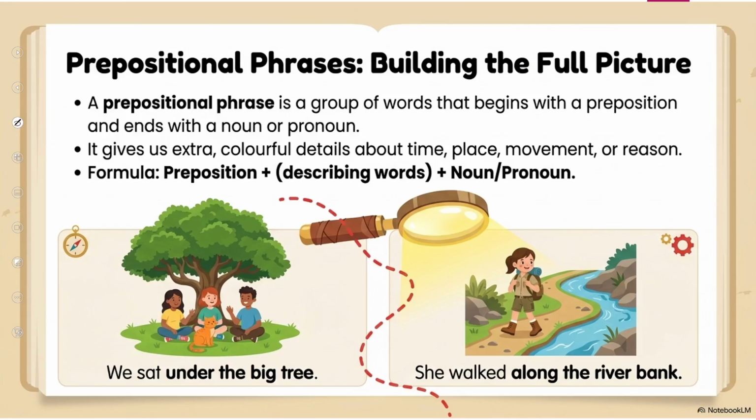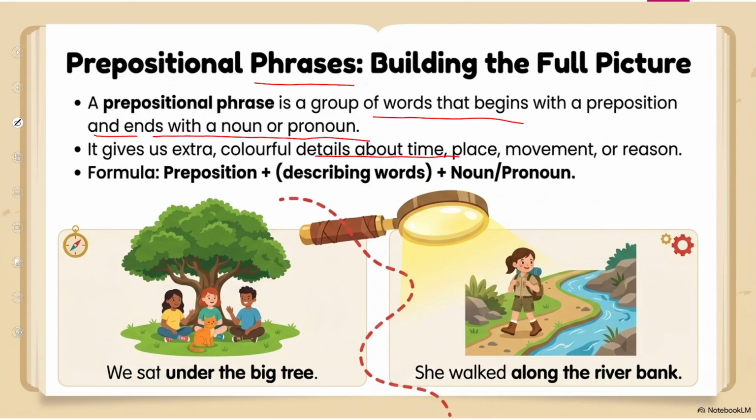Then we have prepositional phrase. Phrase is a group of words which cannot convey complete meaning, and prepositional phrase is a phrase which starts with a preposition. It's a group of words that begin with a preposition and end with a noun or pronoun. It gives us extra colorful detail about time, place, moment, or reason.